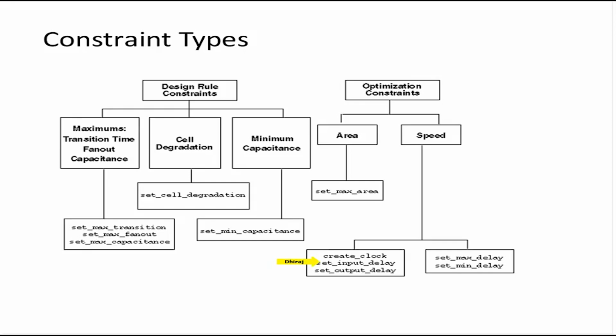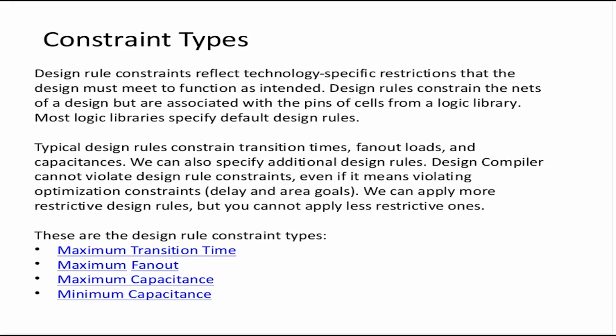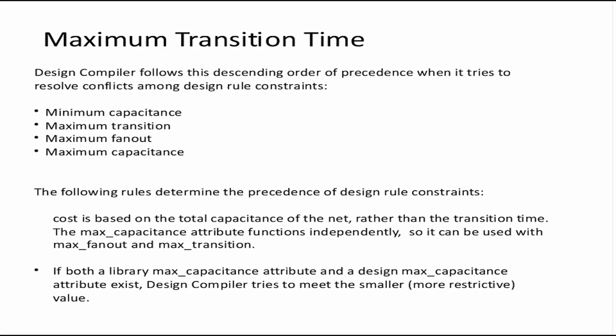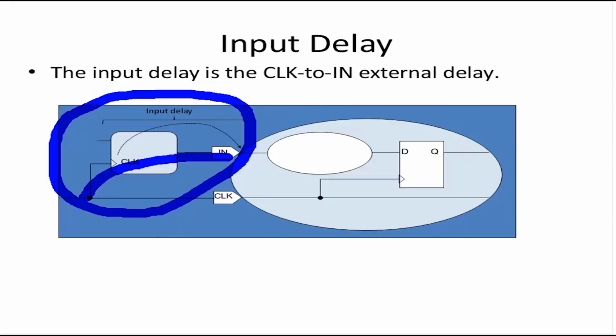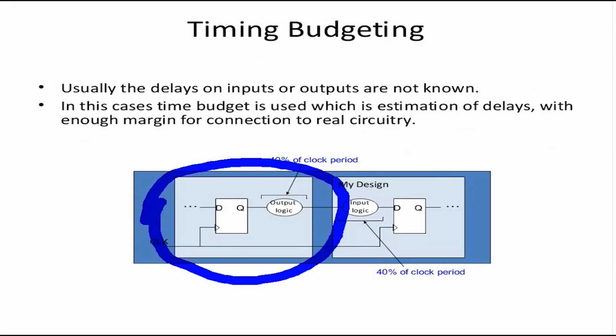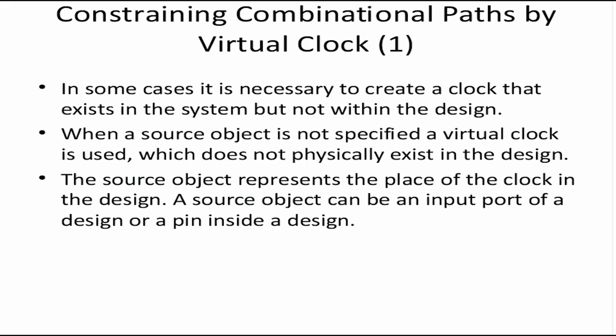of timing paths. Now I also told you that there's one more type of path, which is the complete combinational path, which will go directly from input to output. So now how do we constrain it? One constraint we could use is set max delay or set min delay. Please don't worry about set min delay for now.